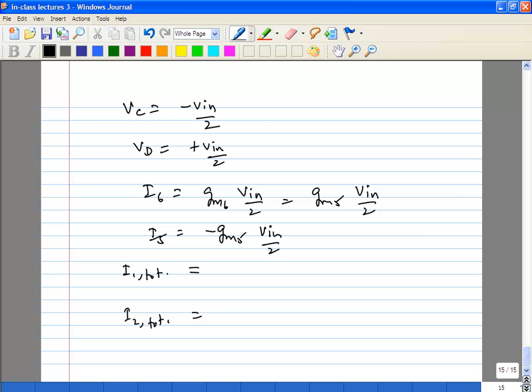Now you can write expressions for the I1 total and I2 total, the two differential currents.